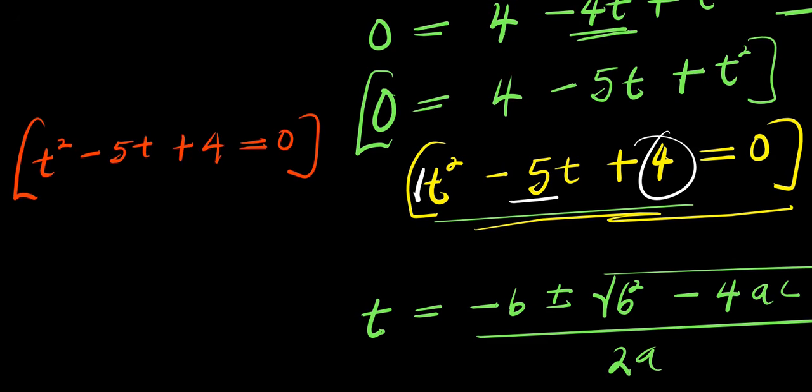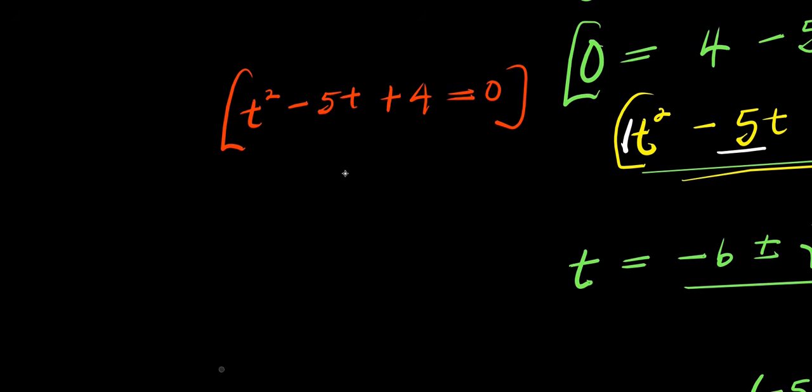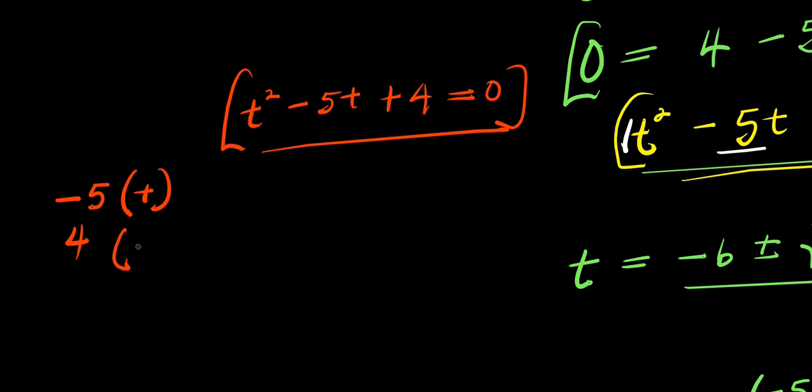So to solve this using the factorization method, you need two numbers that if you add, you have -5, and if you multiply, you have 4. This is what you get when you add. This is what you get when you multiply.